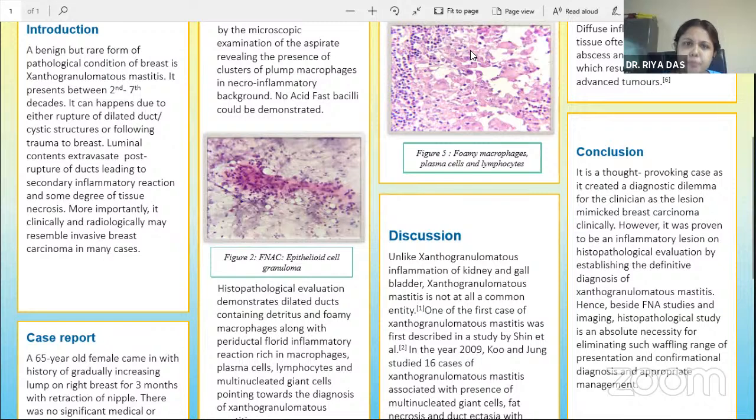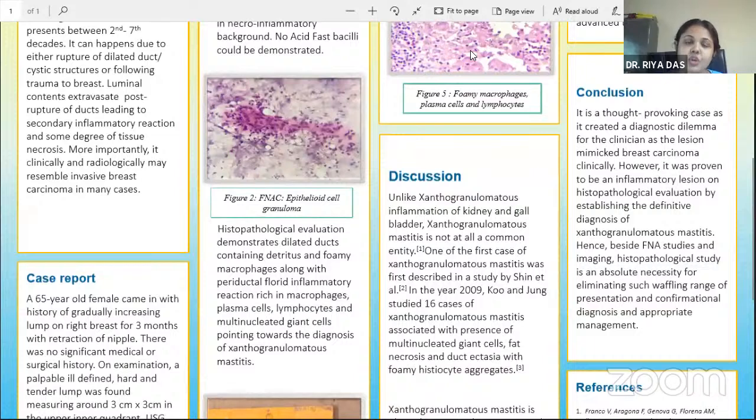Many studies have been performed. One of the first cases of xanthogranulomatous mastitis was demonstrated by Shin et al. in the year 2005. Then in 2009, Ku and Zhang studied 16 cases, where they inferred that it is possibly caused by rupture of a dilated duct.